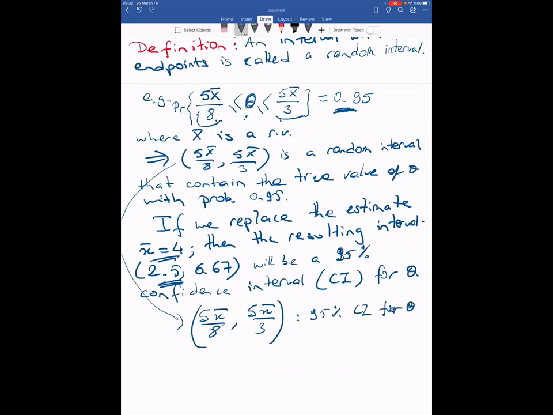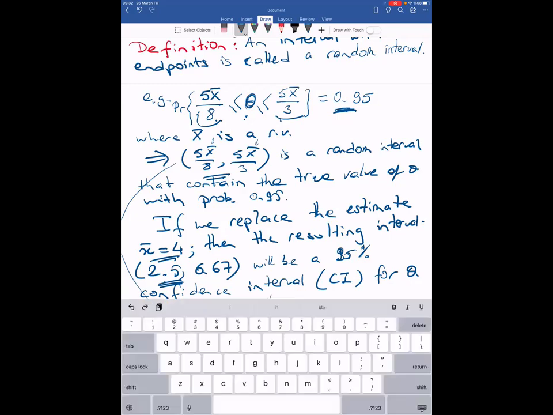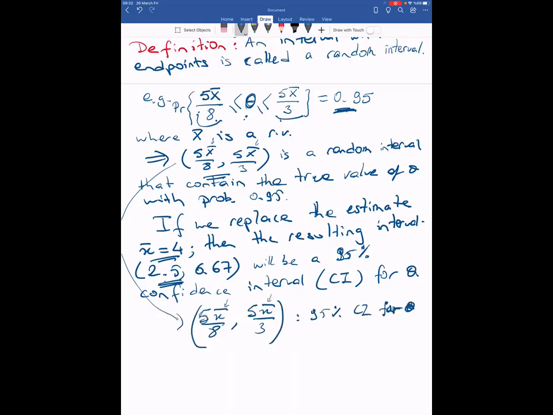Can you see the difference here? This is a random interval because I wrote them as random variables. But right now I changed them with the sample values, the estimates, so they are not random variables anymore. These are numbers. So when x bar is 4, it's 2.5, for example. So this will be a confidence interval, not a random interval.